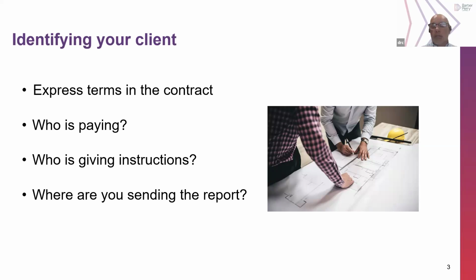You need to give it some thought, though. If you've been retained through a solicitor, you wouldn't ordinarily be putting the solicitor's name as the client. You might want to, but I bet the solicitor won't be happy with that.